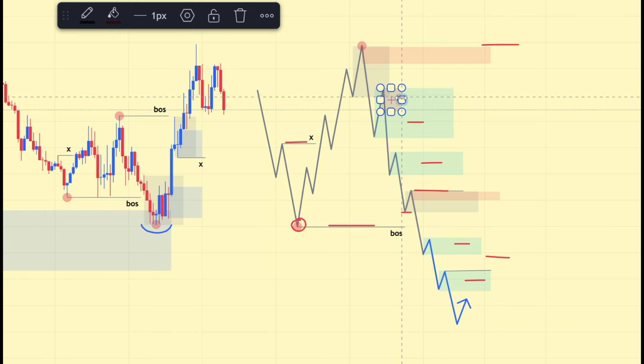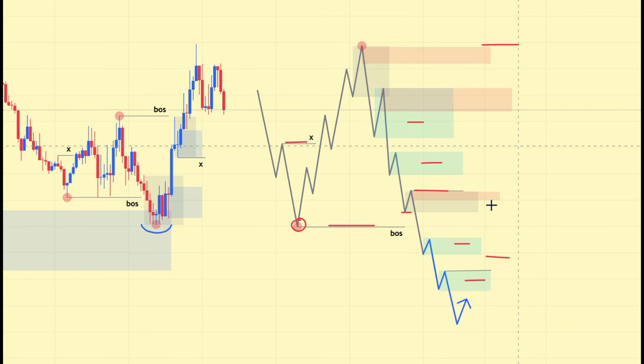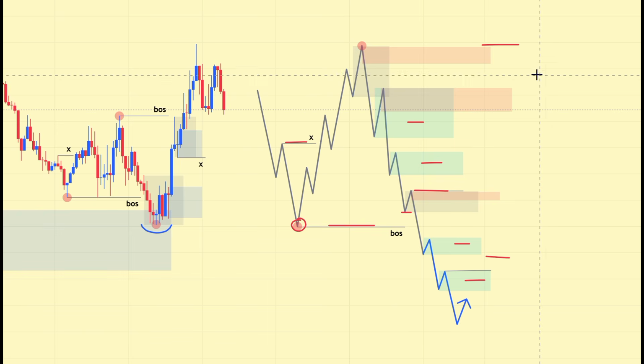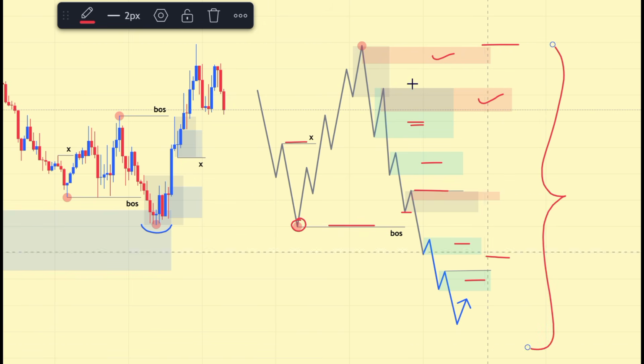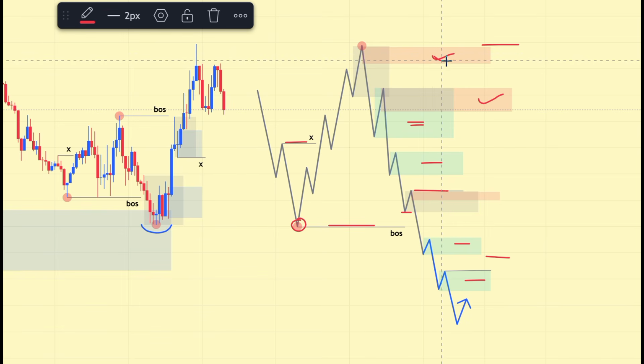So which one here is the extreme order block? Of course, the extreme order block is the one found on the extreme order flow. This one here will be called the origin order block because it is the order block on the origin of this dealing range. And this origin order block is only valid after the extreme order block has failed.